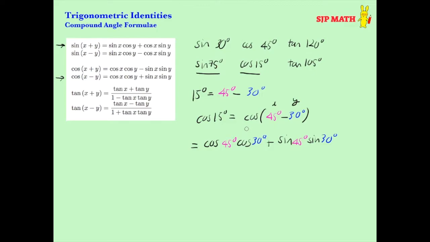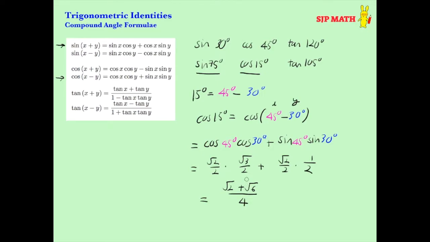from the unit circle. So cosine of 45 degrees is equal to root 2 over 2. Cosine of 30 degrees is equal to root 3 over 2. Sine of 45 degrees is root 2 over 2. And sine of 30 will be a half. And this leads us to square root of 2 plus square root of 6 over 4.